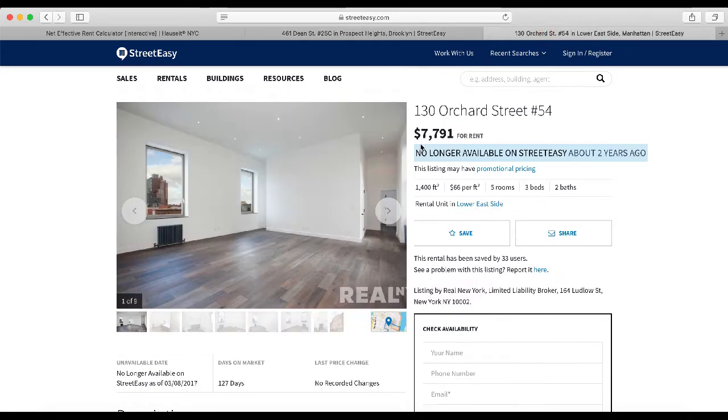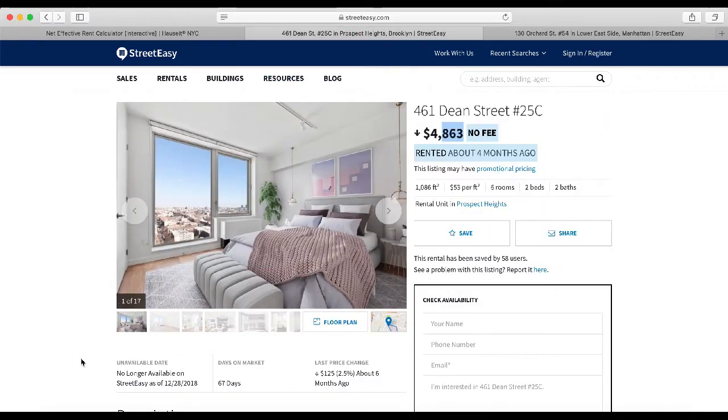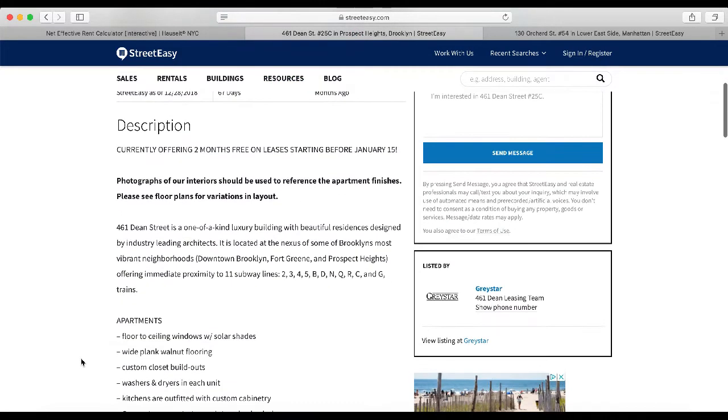Here's another example, $7,791 a month. Again, a very, very unusual number, which means it almost surely is a net effective rent instead of a gross rent.